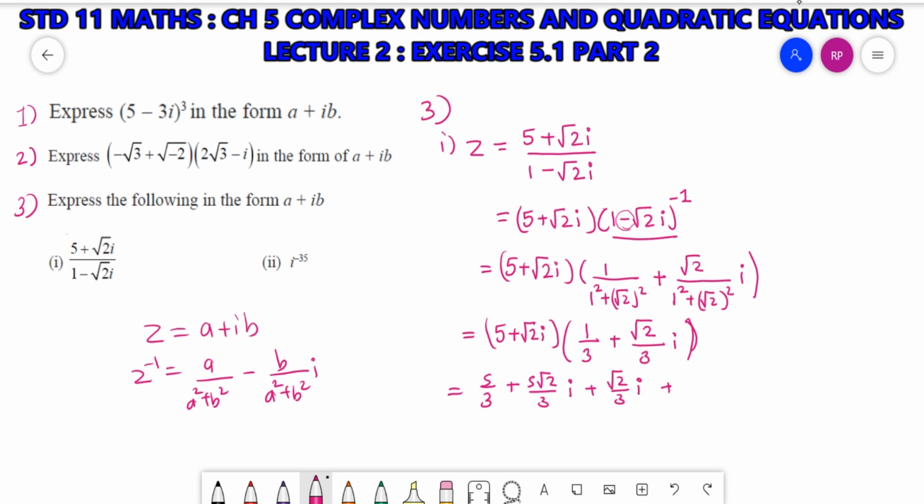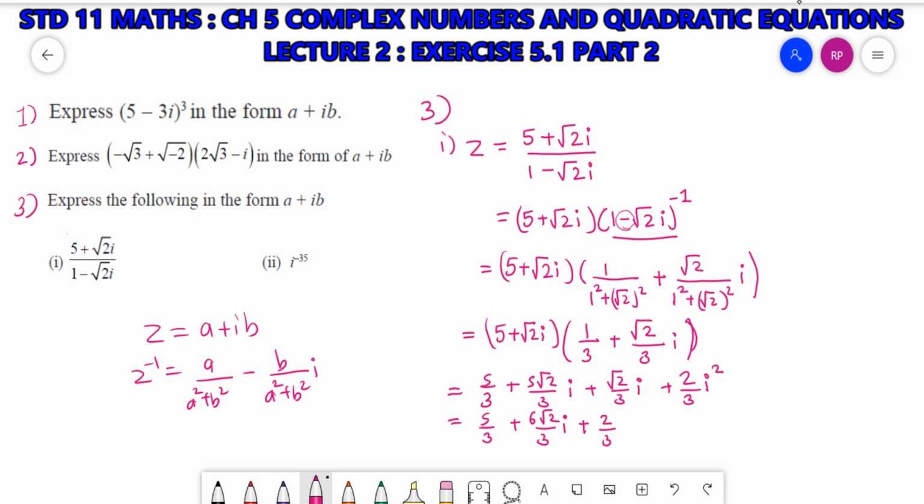So root 2 into root 2, it will be 2 upon 3 i square. So this will be equal to 5 by 3 plus 5 root 2 by 3 plus root 2 by 3, that will be 6 root 2 by 3i, plus 2 by 3 i square.